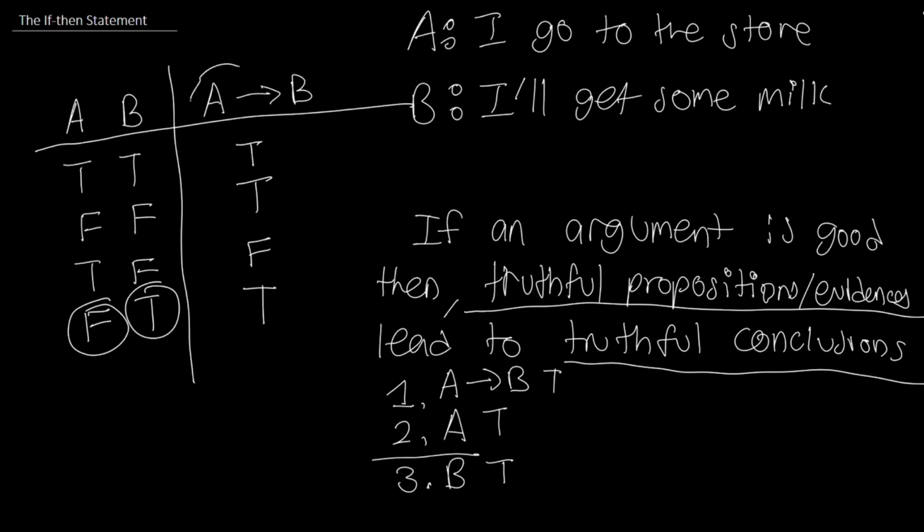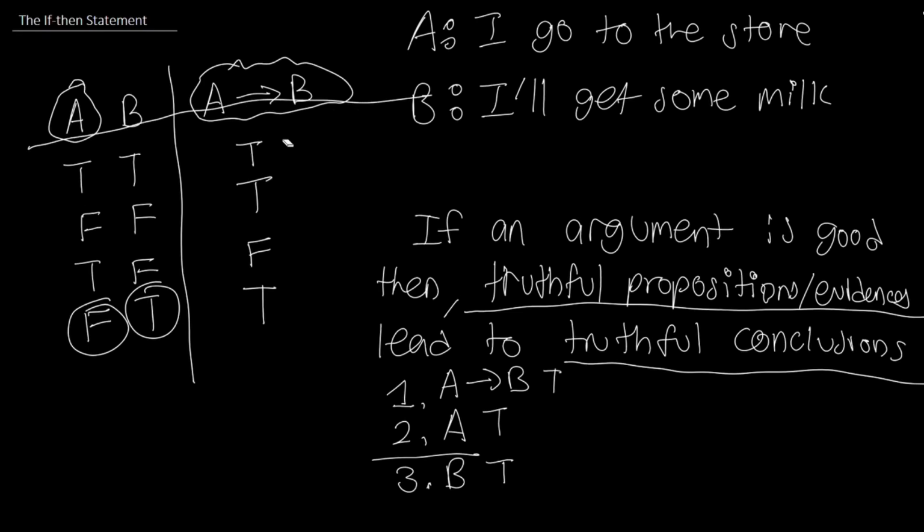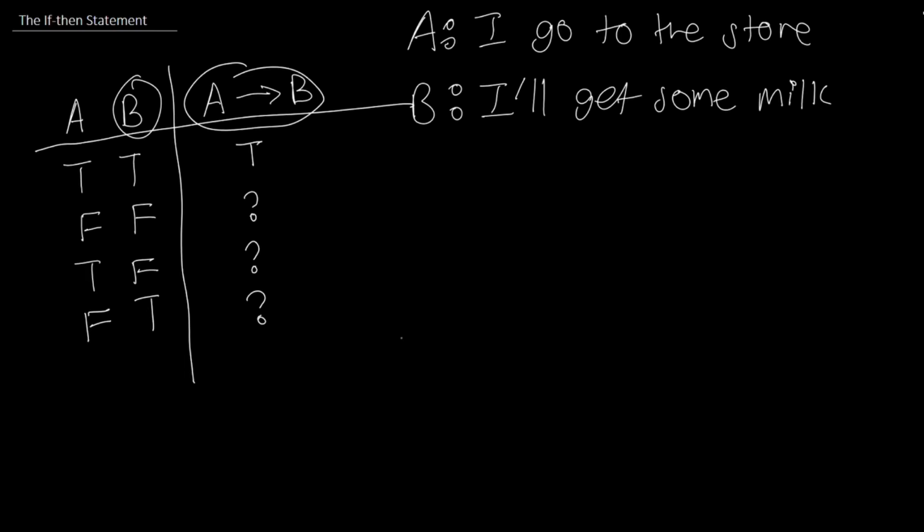The truth of our propositions, this guy and this guy, you see both of them are true. It implies the truth of our conclusion, B. So, yeah, it checks out. Our argument is indeed valid. The next entry we will tackle together is the third entry over here.